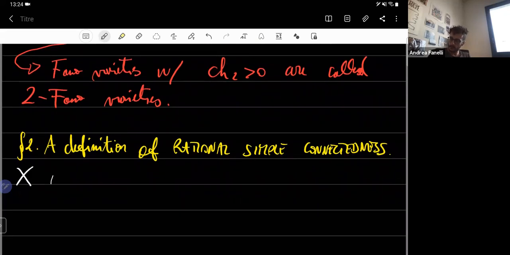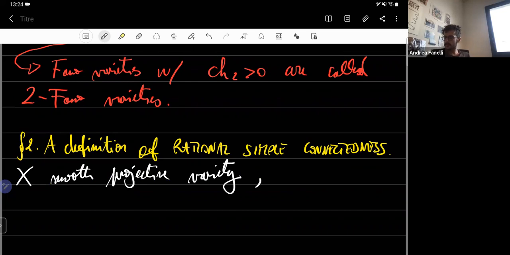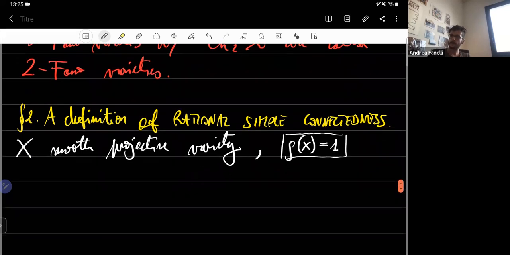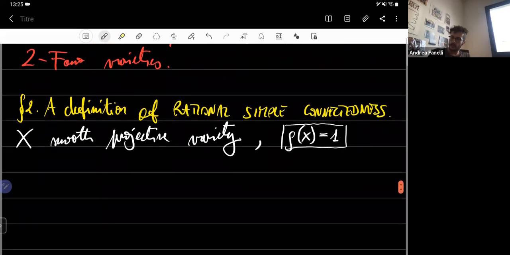I fix X smooth projective, and I will need a technical assumption, which you can erase, but for this definition let me assume this. I ask that the Picard rank of my variety is 1. This just makes things more complicated otherwise. If you erase this condition, you can still give some notions of rationally simply connectedness, but it's just a way to limit the choice on the moduli space of rational curves. If the rank is 1, you just look at the degree of those rational curves with respect to the generator of the Picard group.